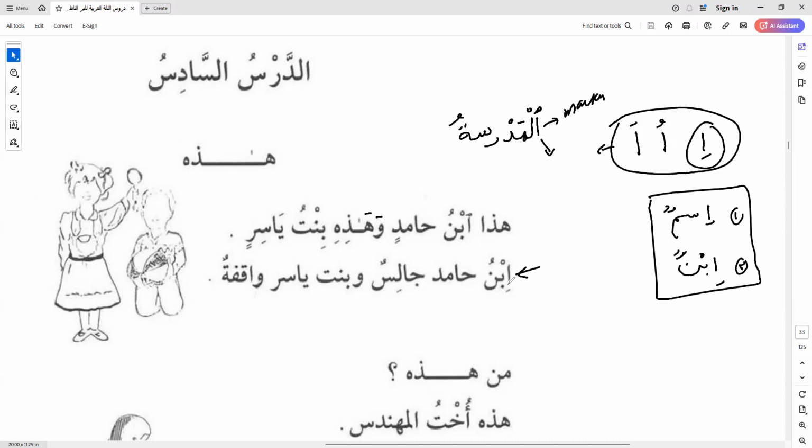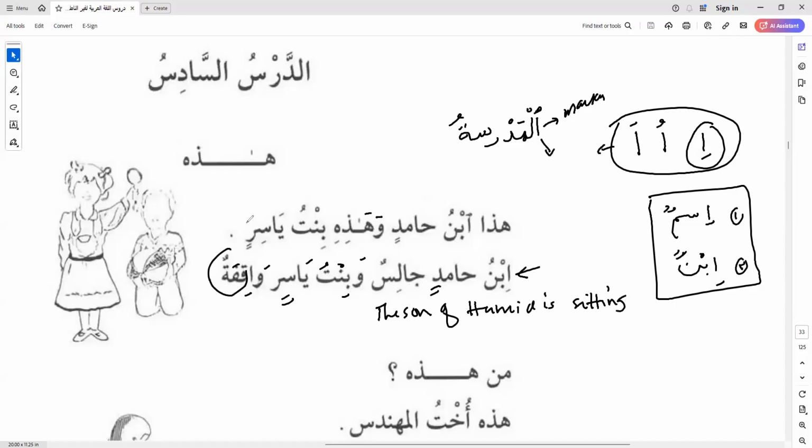So Ibnu Hamidin Jalisun, right? The son of Hamid is sitting. Wabintu Yasirin Waqifatun.